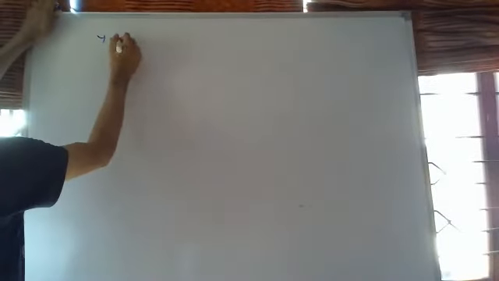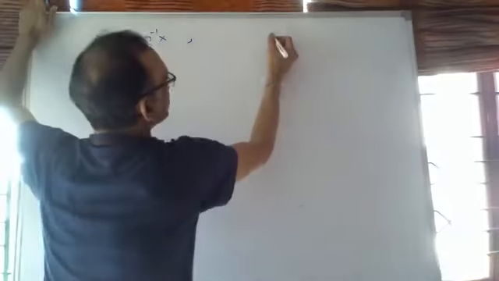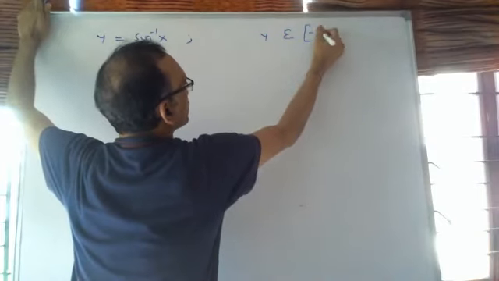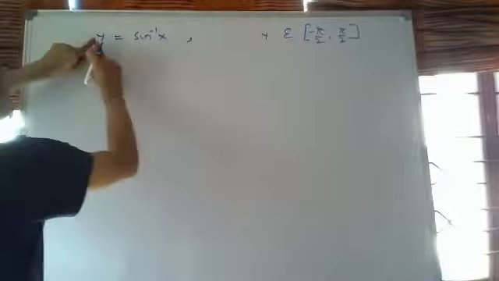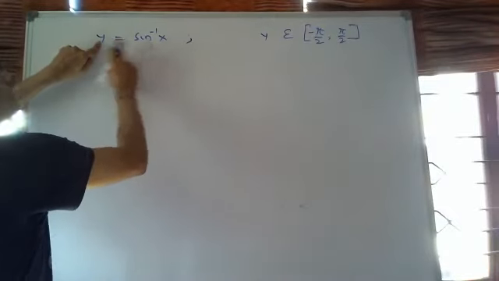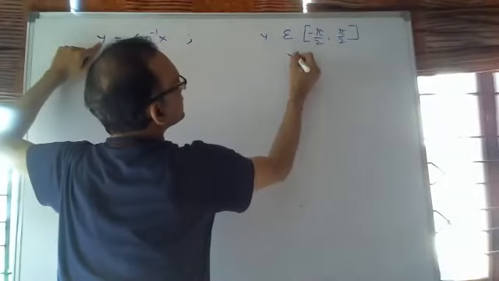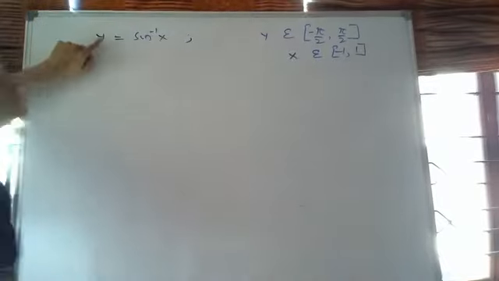Like I said, y is sine inverse x, the range must belong to this interval only. I must select only those values of the output that lie in the interval minus pi by 2 to plus pi by 2. This is the range, and its domain is -1 to +1.